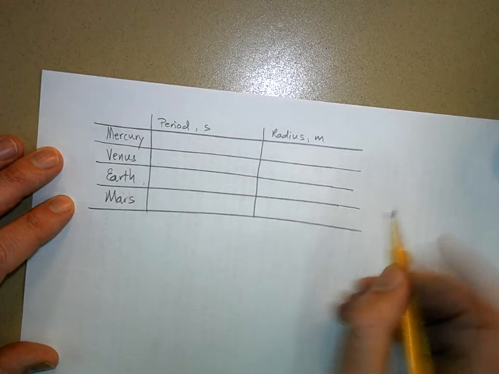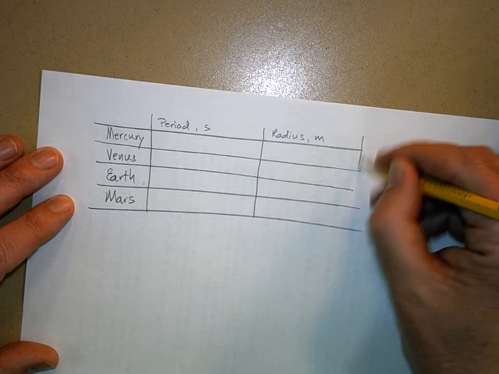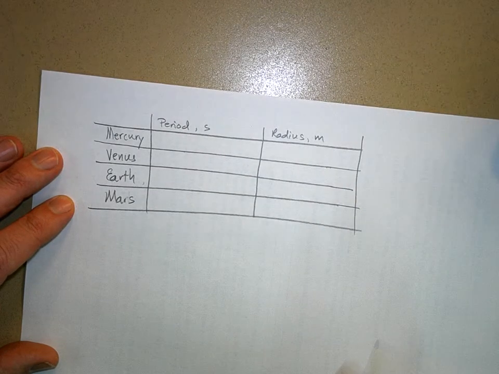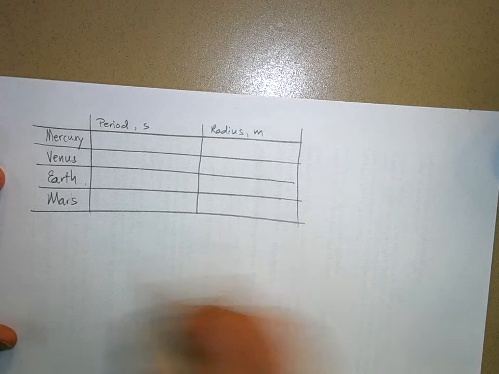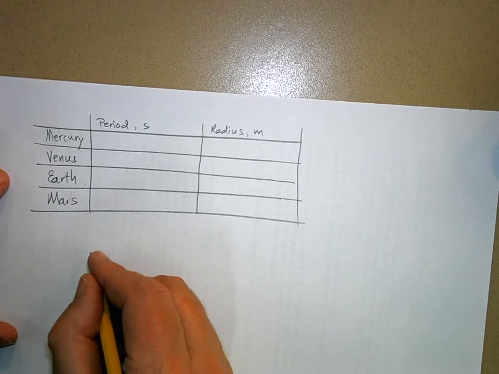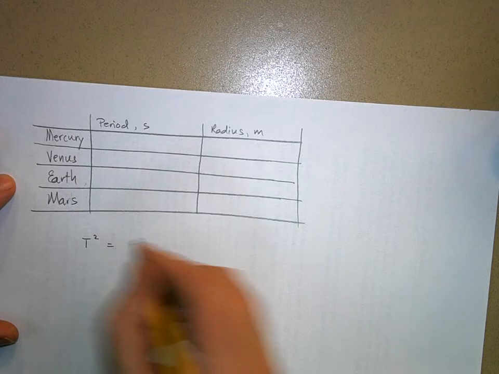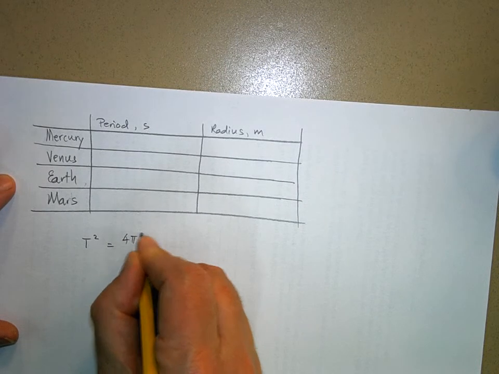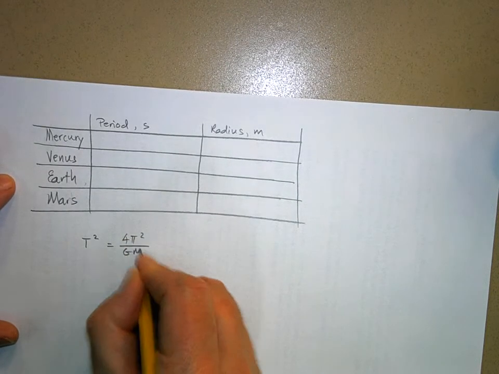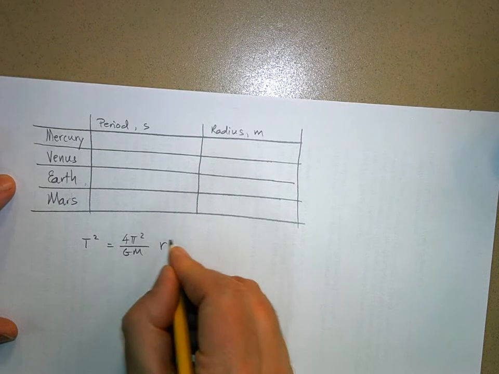All right. And then I want you to add to this, because here's what we know. We know the period squared. Our prediction is it's equal to 4 pi squared over GM times the radius cubed.